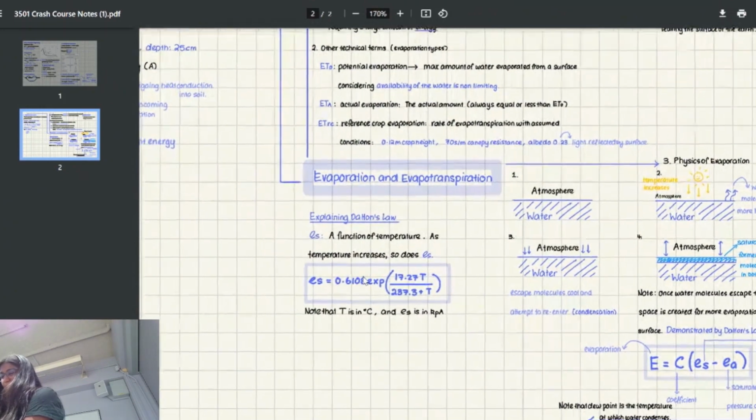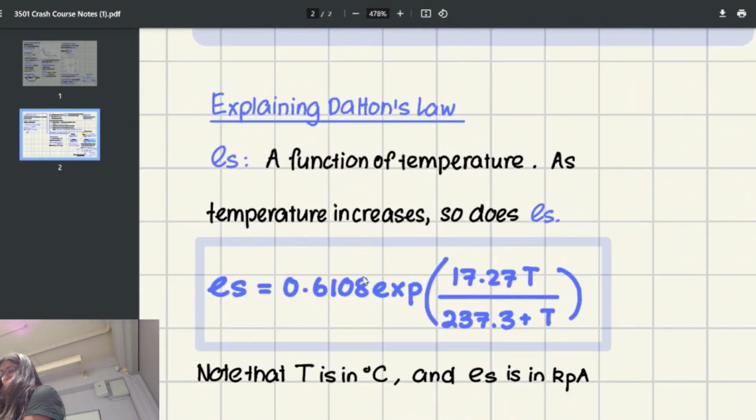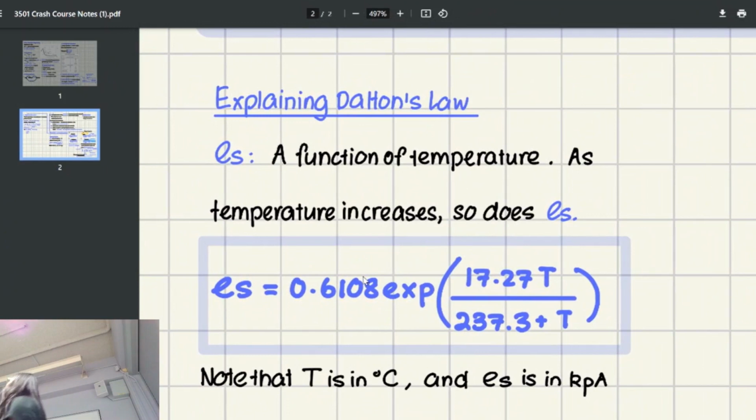Over here is a carry-on from that. More often than not, you will have to find the saturated vapor pressure in order to find your evaporation. So that's how they make the exam questions a little bit more difficult, but it's not too hard. Basically, all you have to remember is that the saturated vapor pressure is a function of the temperature.